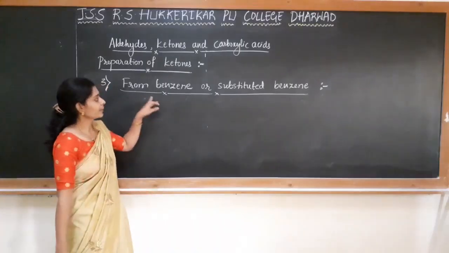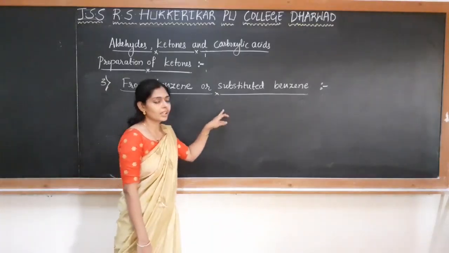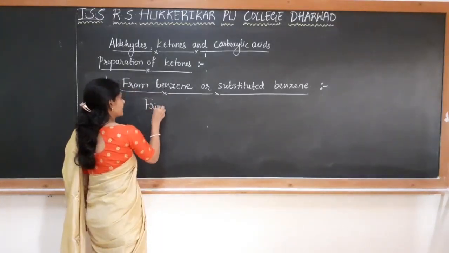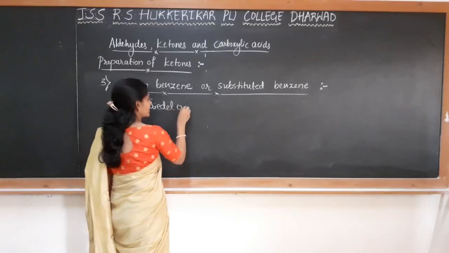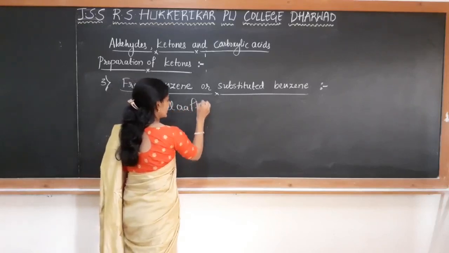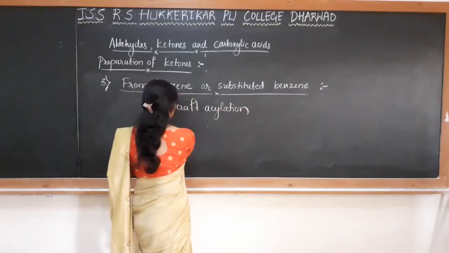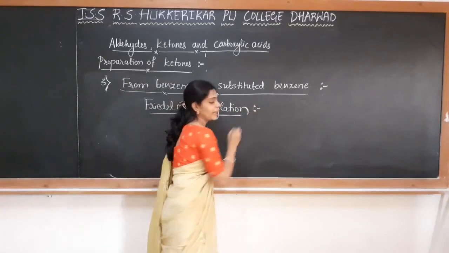The third method of preparation is from benzene or substituted benzene. You have already studied this. It's a named reaction, Friedel-Crafts acylation, where we are inserting the acyl group in the benzene ring.